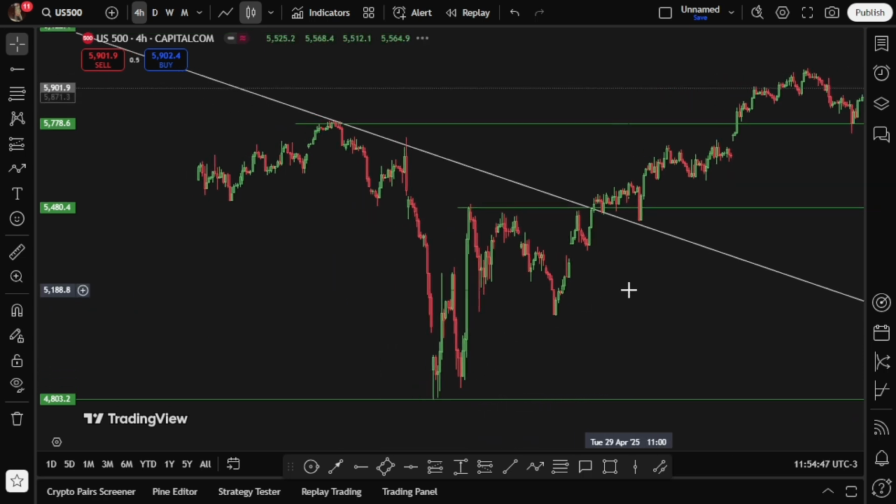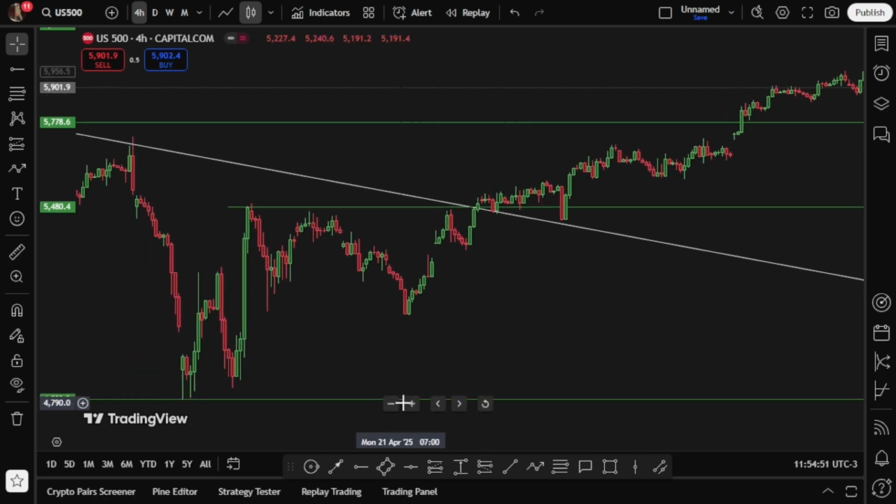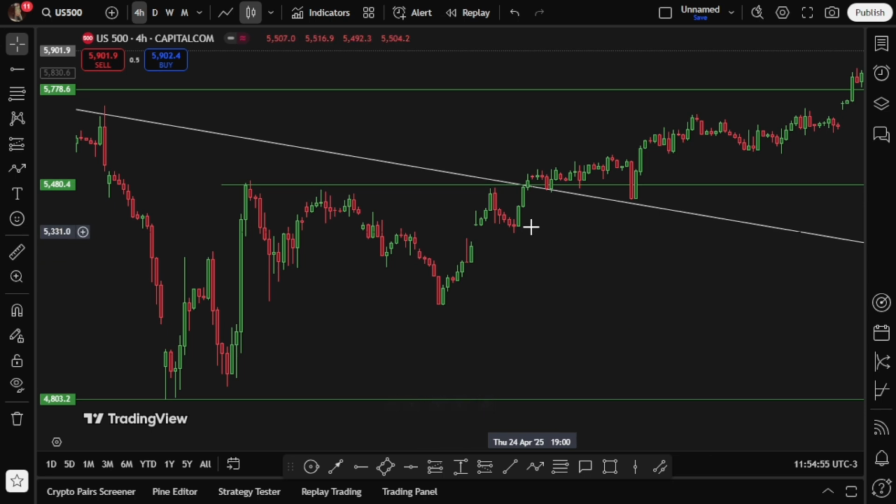And you can clearly see, without any doubt, that with this little candle, price broke the counter trend line and broke the structure on the 4 hour time frame.